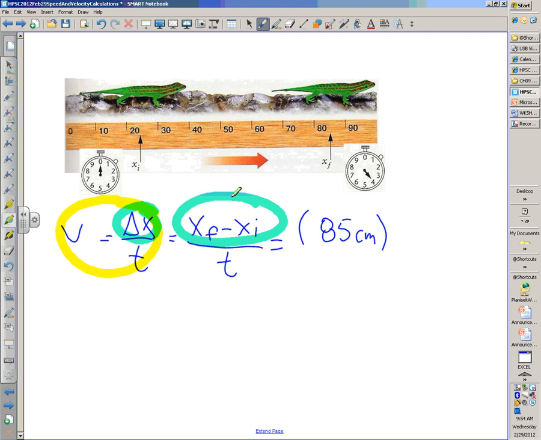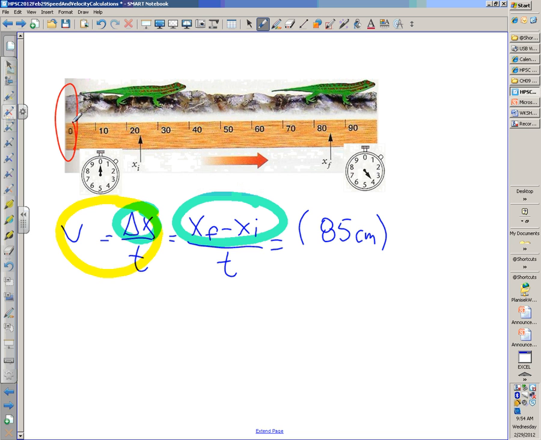So, 85 centimeters. Is that good enough for the final position? No, right? What are we missing? The direction, because it could be 85 centimeters from wherever. This is our reference point.